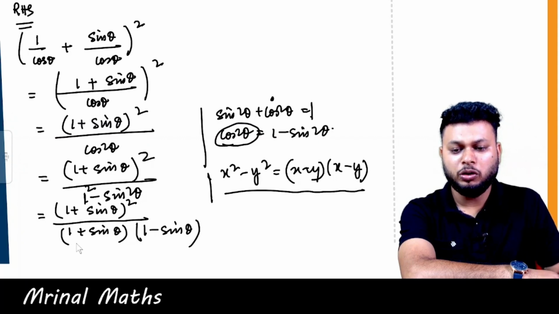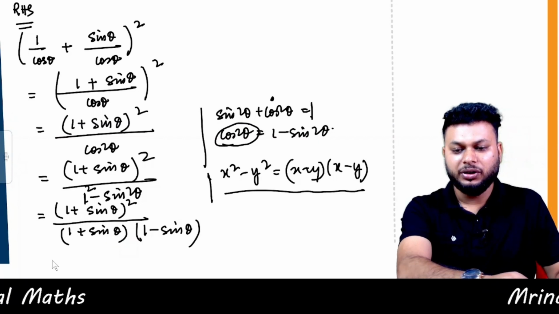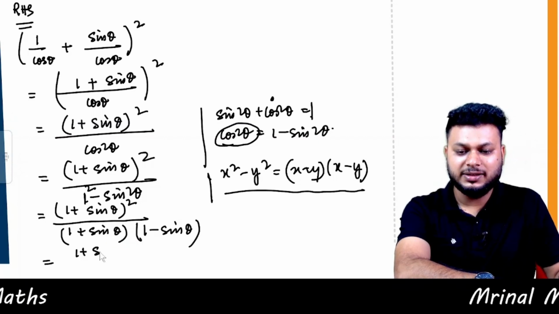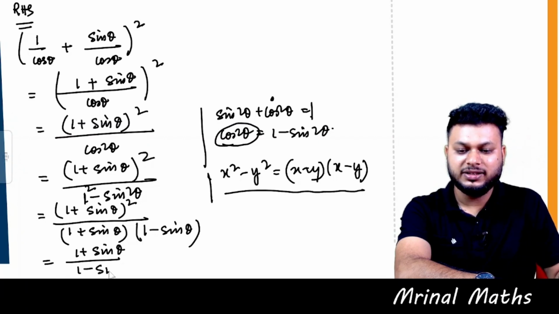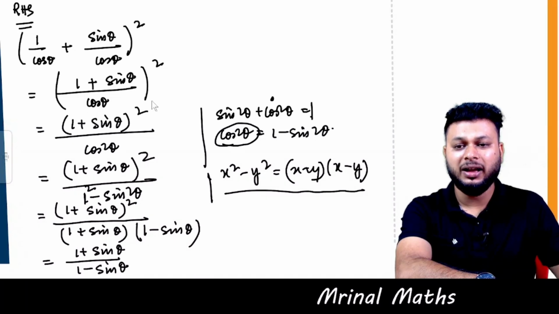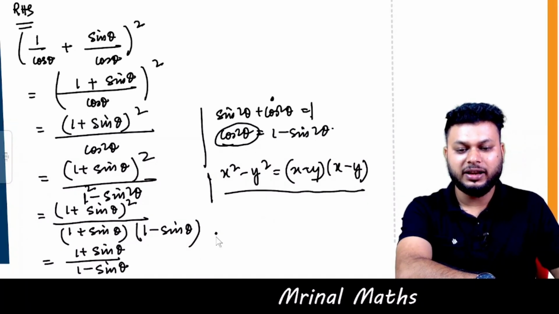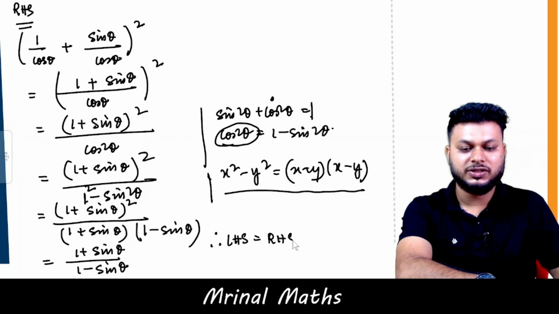Yeah. So this and the square get cancelled. So we need not show this step. So this can be written as (1 + sin θ) divided by (1 − sin θ). Now look, this exactly matches with the left hand side. So we can say, therefore LHS equal to RHS. Proved.